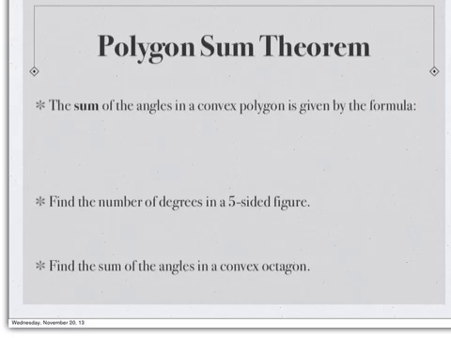So the Polygon Sum Theorem, we're just going to formalize exactly what we just said. The sum of the angles in a convex polygon, and this can be regular or not regular, and we'll talk about the difference between the two in just a minute, but any polygon, the sum of the angles is always given by the formula S equals n minus 2 times 180.